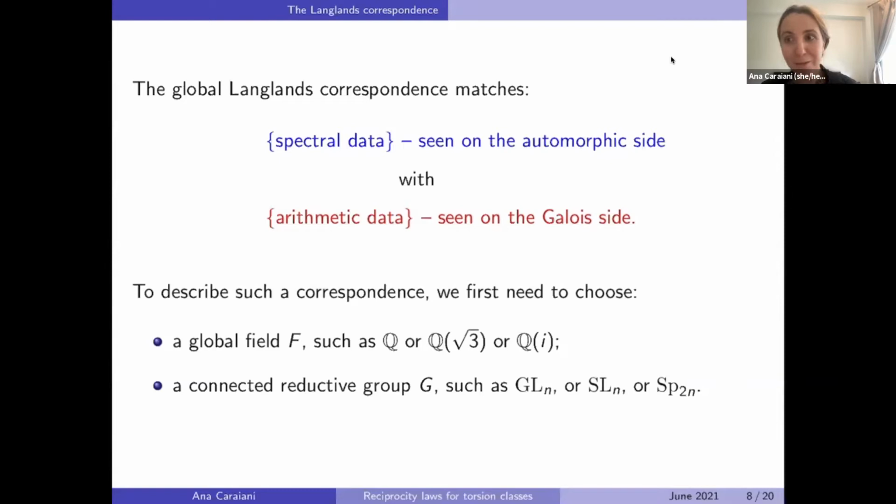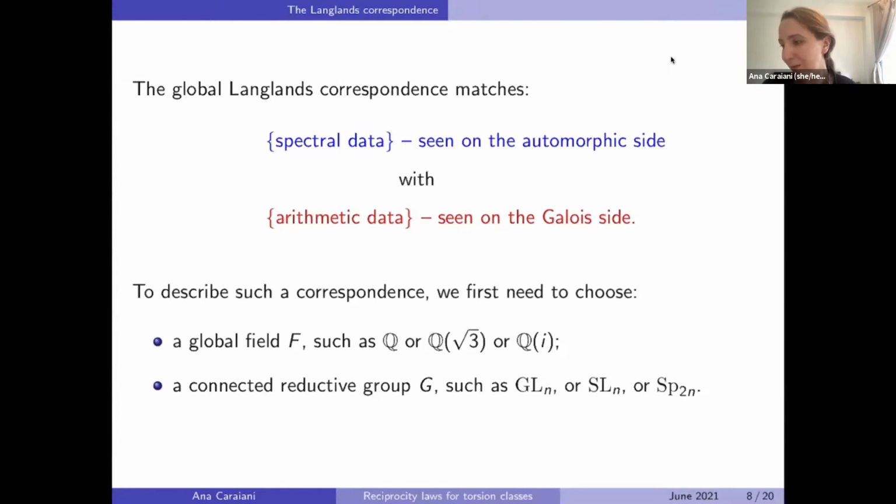And of course, there are really infinitely many instances of the Langlands correspondence. And so in order to describe a particular one, you have to choose your setting, by which I mean you have to choose a global field, for instance, the rational numbers, or an extension such as a real quadratic field, Q adjoin square root 3, or an imaginary quadratic field, Q adjoin i, and a connected reductive group, which is, for instance, GL_n, the group of invertible n by n matrices, or SL_n, n by n matrices with determinant 1, or Sp_2n, which are 2n by 2n matrices that preserve the standard symplectic form.